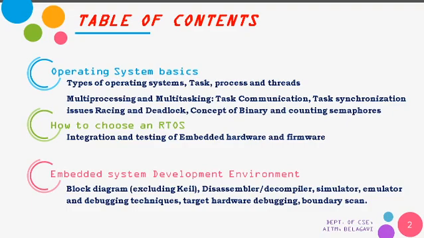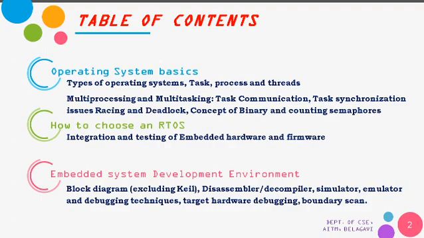Then we'll see how to choose a real-time operating system, and under this we'll see integration and testing of embedded hardware and firmware, and lastly we'll see the embedded system development environment. There we'll see the block diagram, disassembler, decompiler, then simulator, emulator and debugging techniques, then target hardware debugging and boundary scanning here. Now we'll see in detail about these contents.